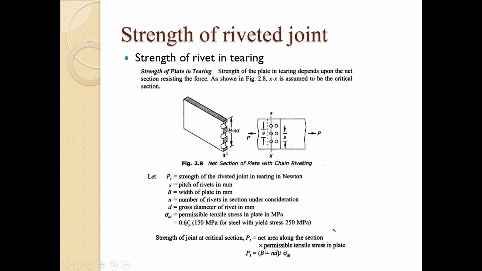By deducting that, that is the net area along the section into the permissible tensile stress in plate: b, the width of plate, minus n d, that is number of rivets into diameter, into t, that is thickness, into sigma at. Sigma at is nothing but the permissible tensile stress in plate in MPa, which is 0.6 fy. So in case of yield stress of 250 MPa, it is 150 MPa. So here is the strength of rivet.